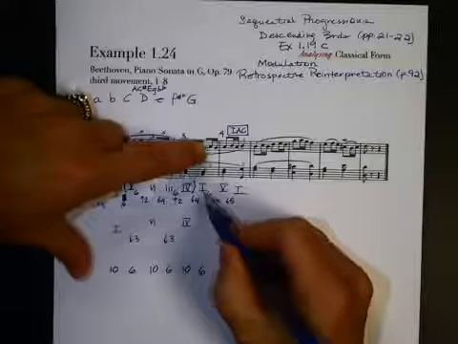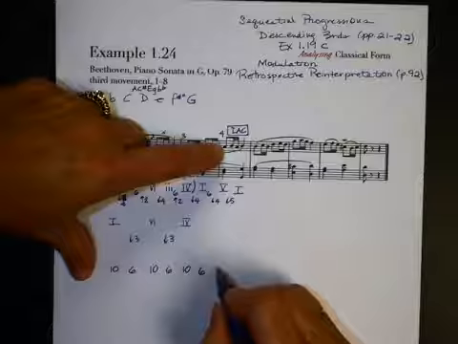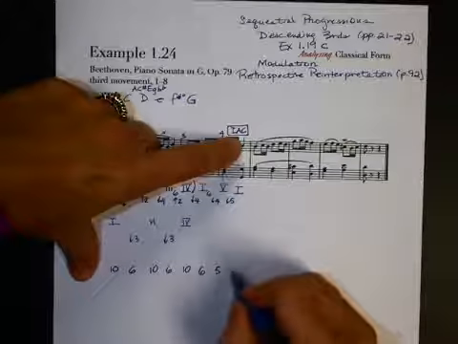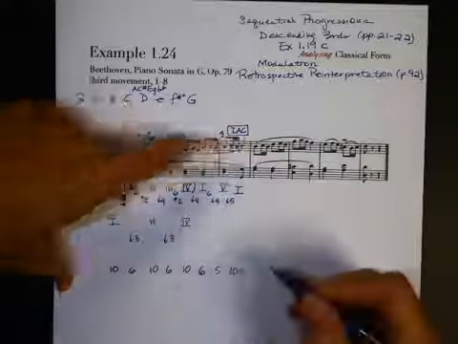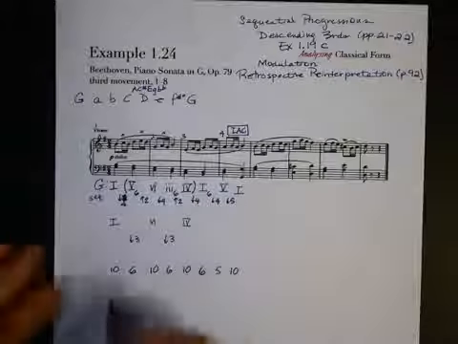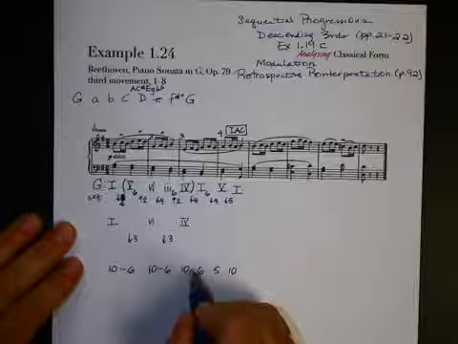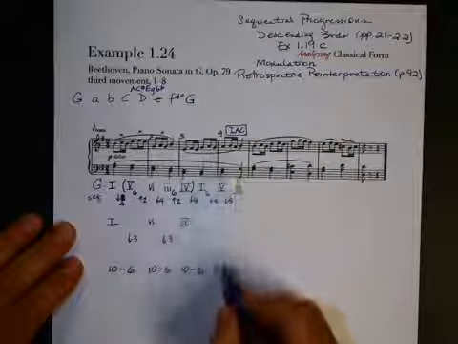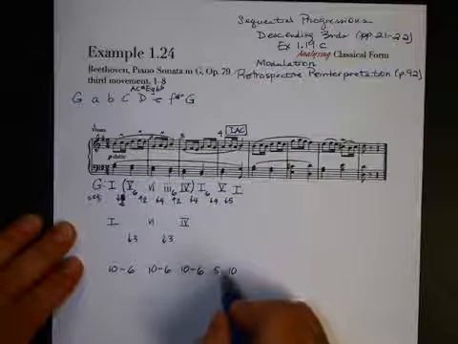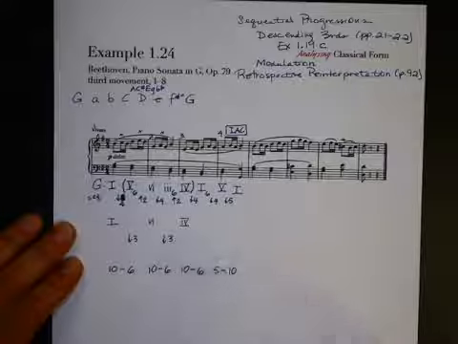D to A, 5. G to B is our compound third, we label a 10th. You can see a recurring pattern of 10, 6, 10, 6, 10, 6. And then as we approach the imperfect authentic cadence, it changes to 5, 10.